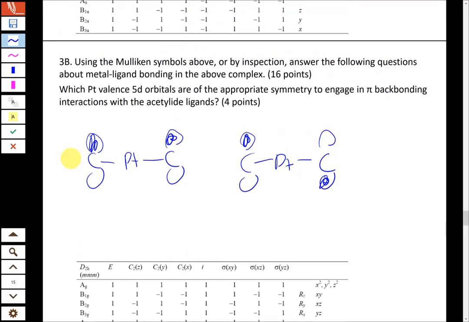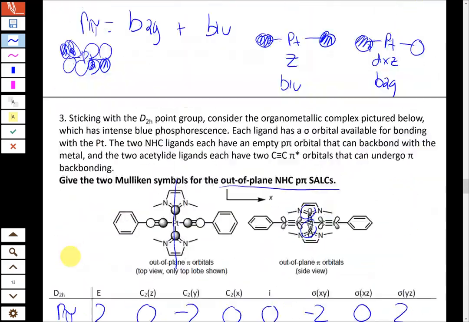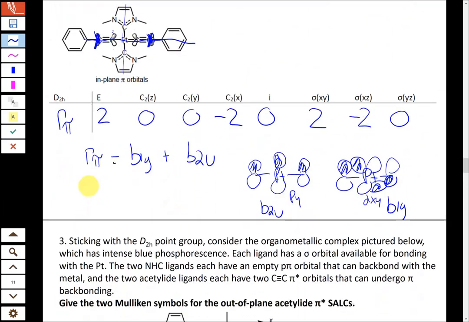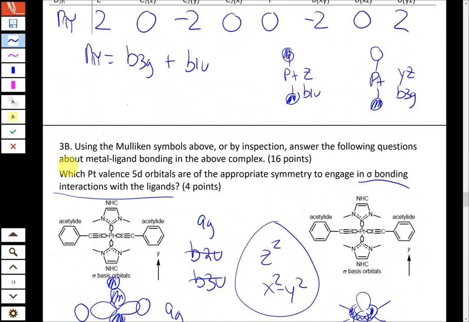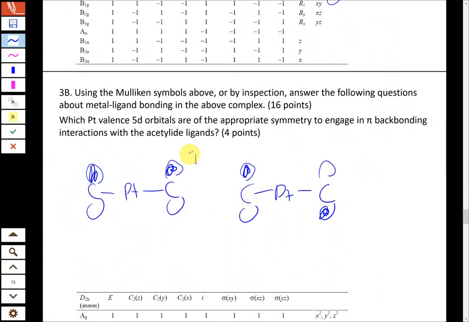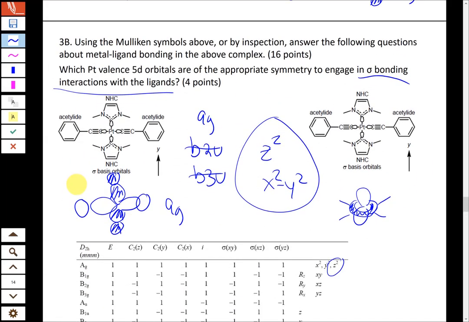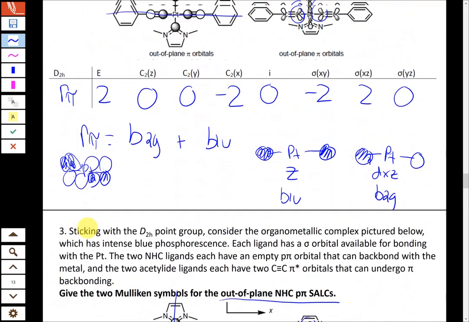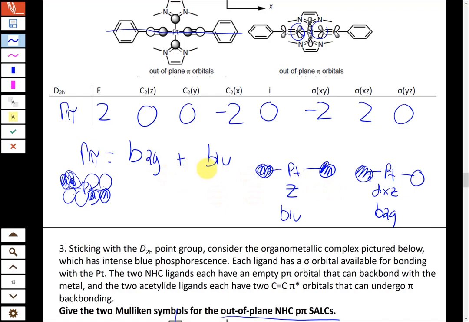And again, what we found was that the representations for these, which is helpful to look back at, was B1g and B2u for the in-plane ones. So in plane is going to be B2u and B1g. And then for the out of plane, which I'm not going to draw because they're a little bit harder, which one was the out of plane one up here? It was B2g and B1u.